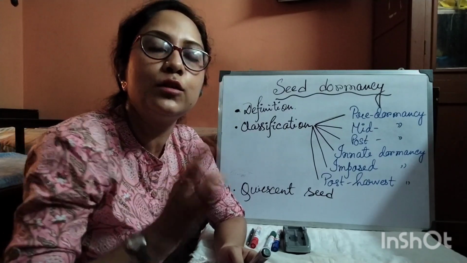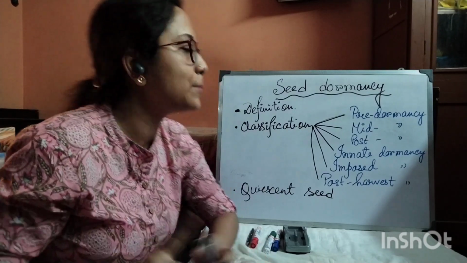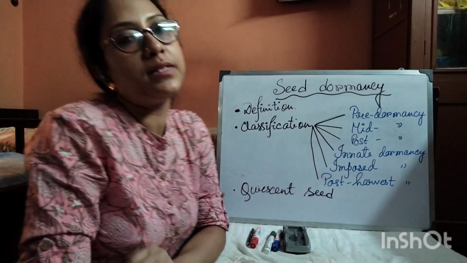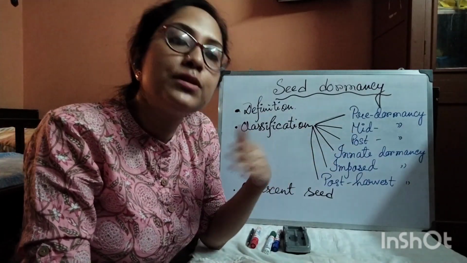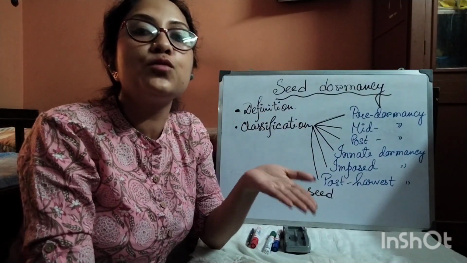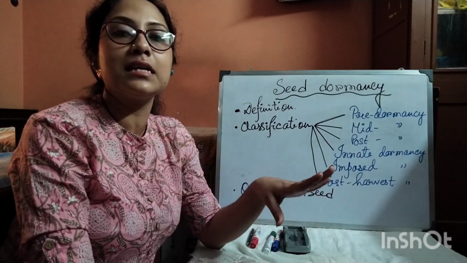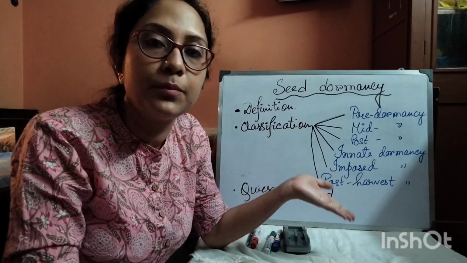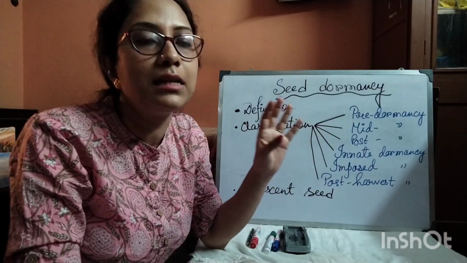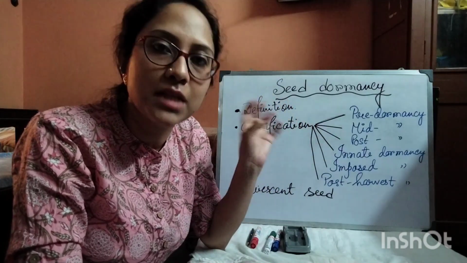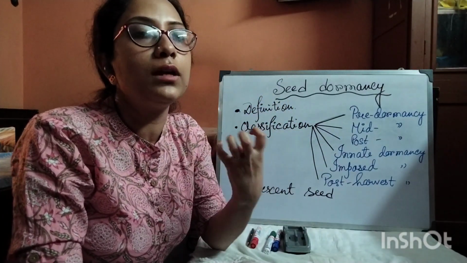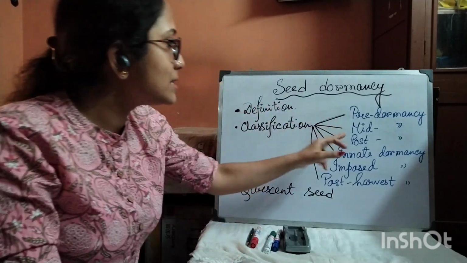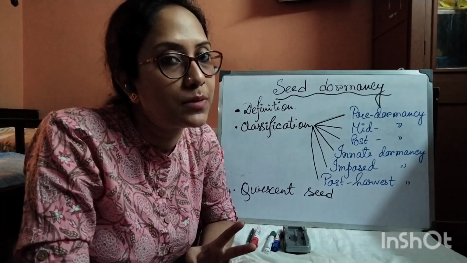It will remain in the dormant state already. In the post-dormancy situation, eventually with time, silently the seed will overcome the dormant state and upon getting favorable condition, it will definitely germinate. But it will take some time to get that particular favorable condition. Okay, these are the three stages based on the time span.